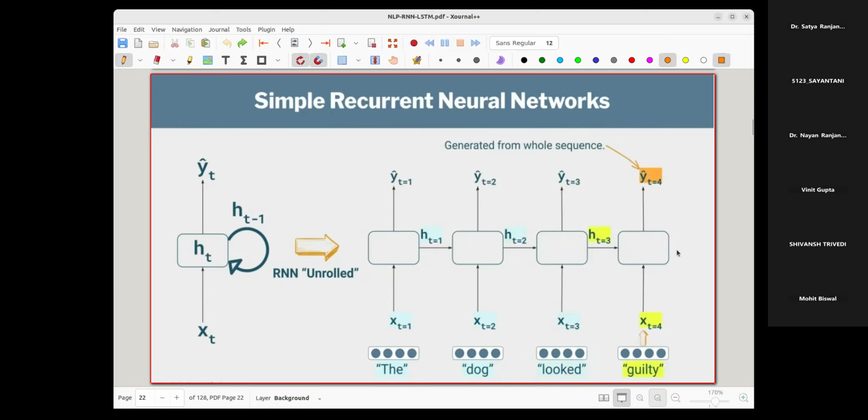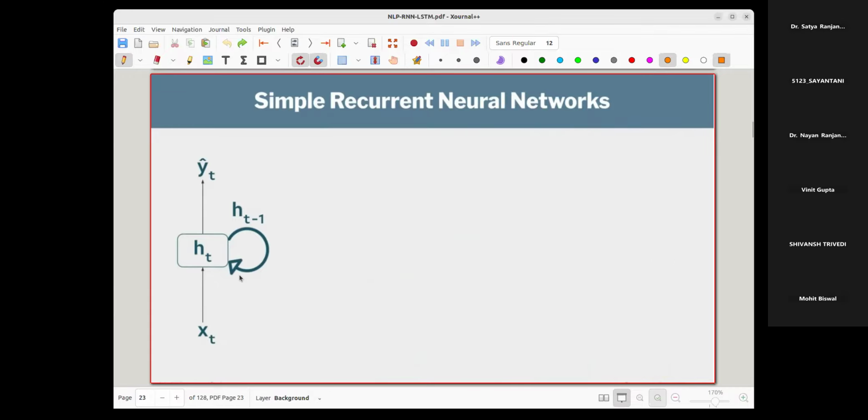So this is called your recurrent neural network, because there is a recurrent connection between the hidden layer. That means the previous output of the hidden layer is given as input to the current step along with the current input. Now let's see mathematically how it is doing.